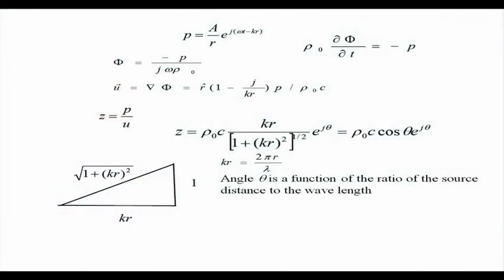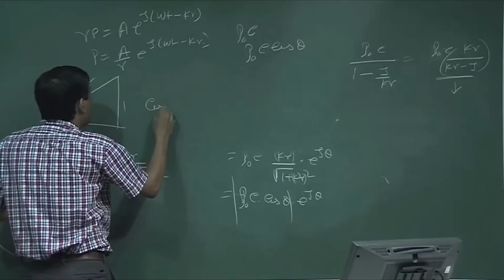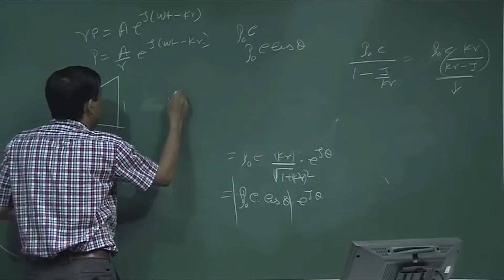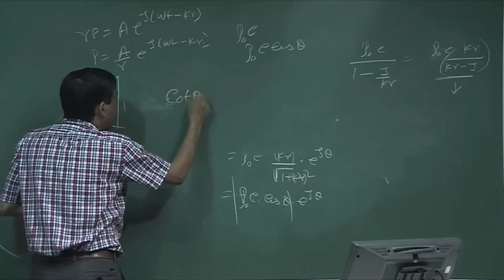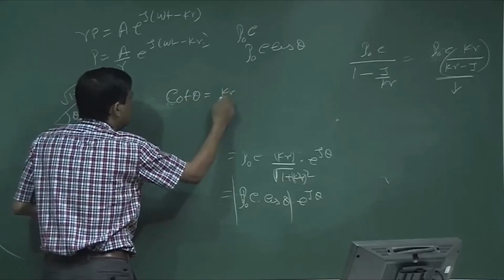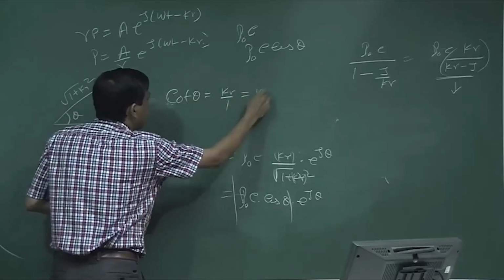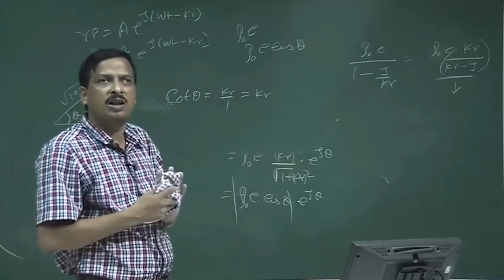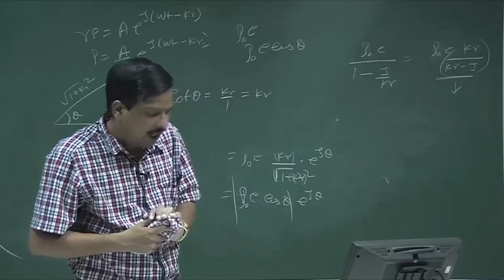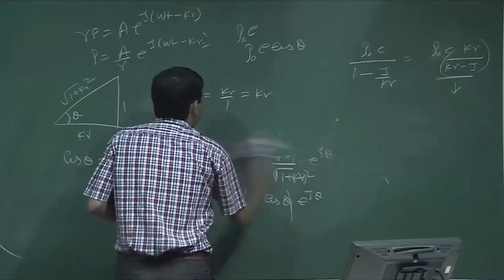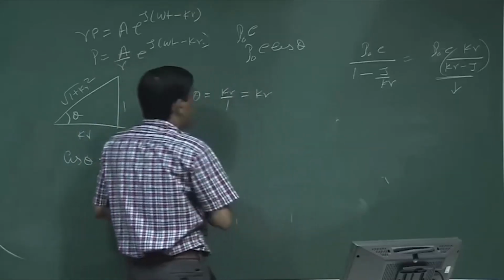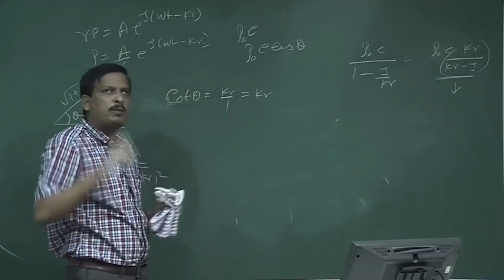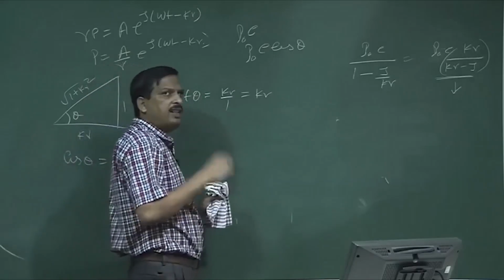Now, what is theta? I can write cot theta is equal to kr by 1. So, cot theta is nothing but kr. Now, what is kr? R is the distance from the source. What is k? K is omega by c.